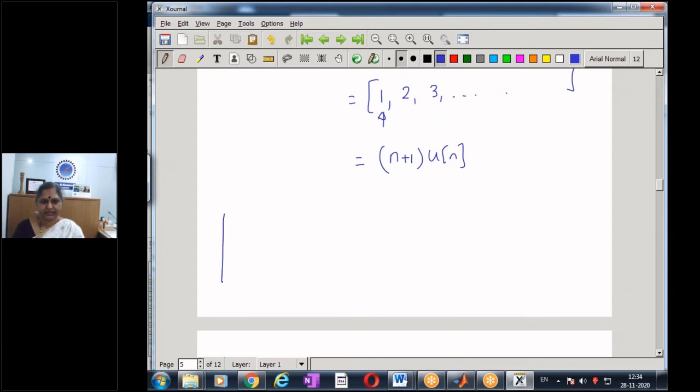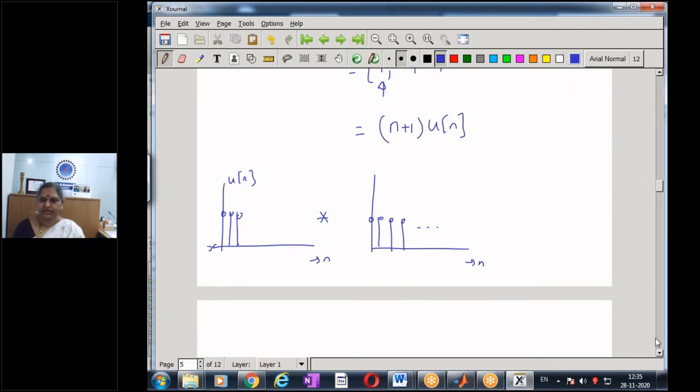So when I sketch the result, if I have my x of n, which is u of n, getting convolved with h of n, which is also u of n, and when I convolve this, I am getting the convolved sequence as 1 for n equal to 0, then 2 for n equal to 1, 3 for n equal to 2, 4, and so on.